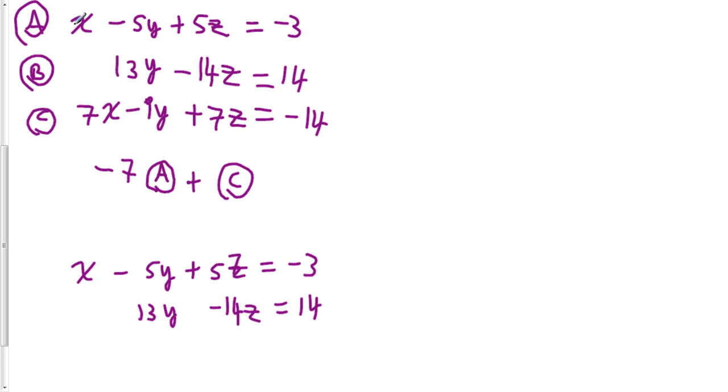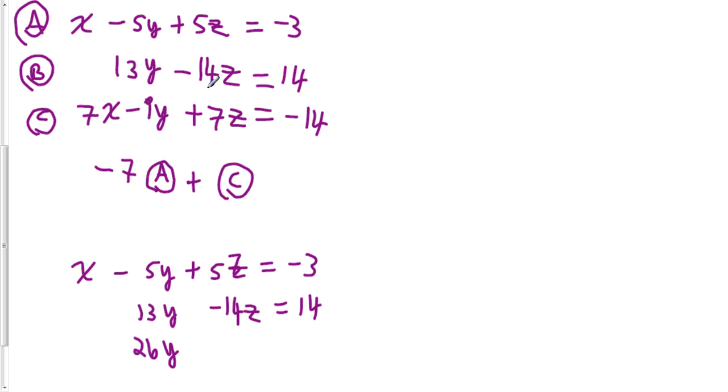So negative 7 times 1x is negative 7x, plus 7x is 0. Negative 7 times negative 5y is going to be 35y. And when I add 35y to negative 9y, I get 26y. And then negative 7 times 5z is negative 35z.